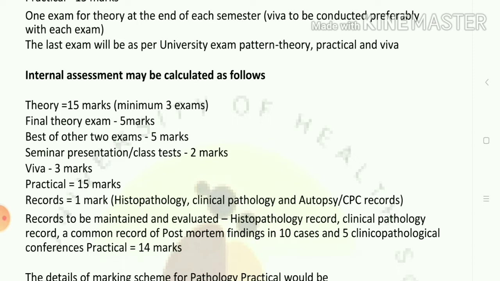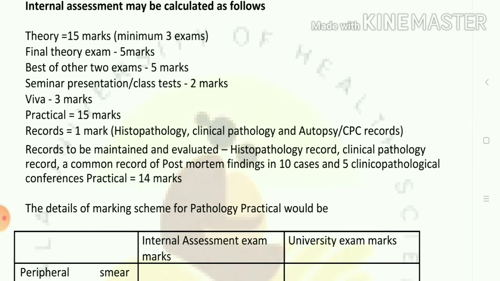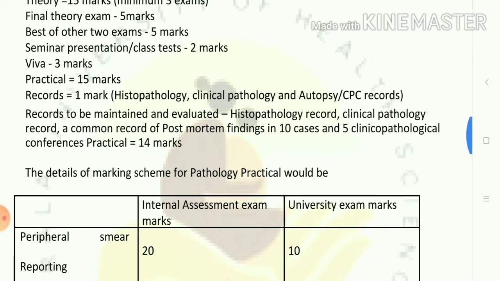That is a histopathology record, a clinical pathology record, a common record of post-mortem findings in 10 cases, and 5 clinico-pathological conferences. Practicals is equal to 14 marks. So total 14 marks.